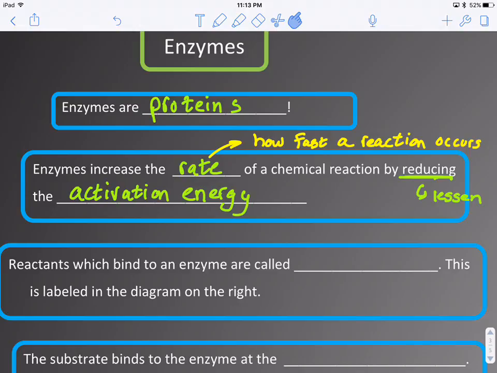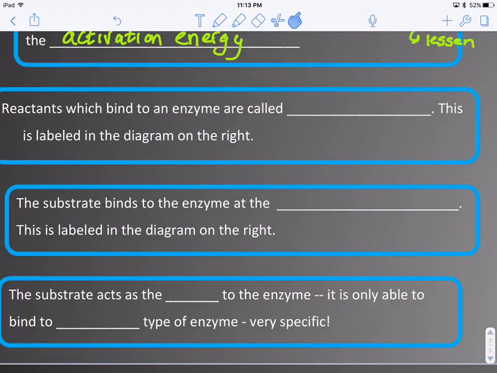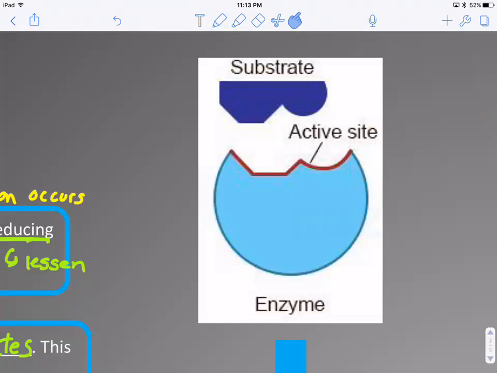The reactants which bind to an enzyme are called the substrates. Okay, substrates. And if you guys just look right over here, you'll see that we have substrates right there, okay? And the substrates, you guys can write here, the reactants.